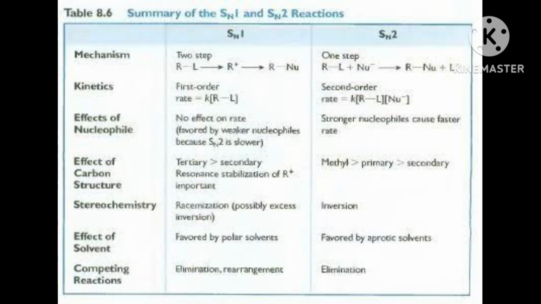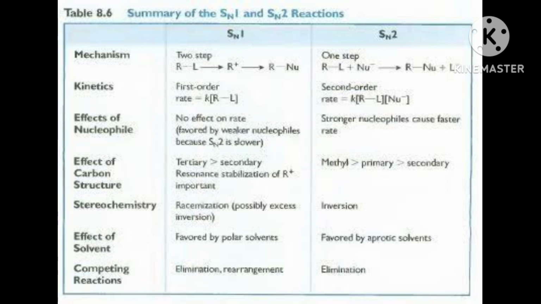In SN2, the rate of reaction for primary will be highest, fastest, and after that secondary, and least will be tertiary. But in the case of SN1, this situation will be reversed. Primary will be less than secondary, which will be less than tertiary, so tertiary will be very fast.